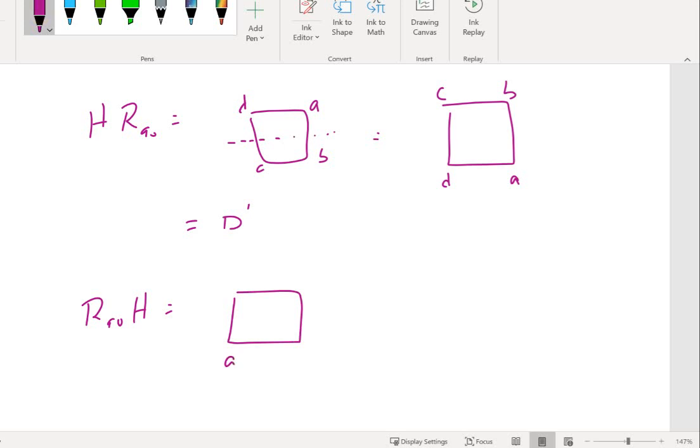So if we flip it first, then we rotate it 90 degrees, like it's AB.